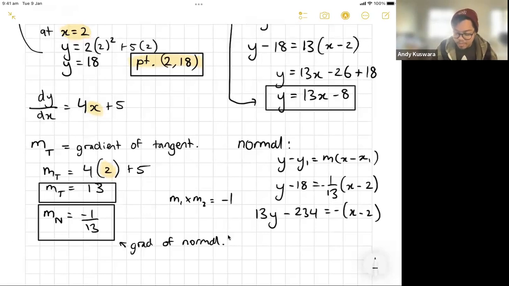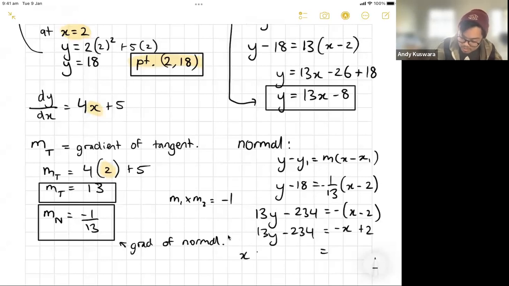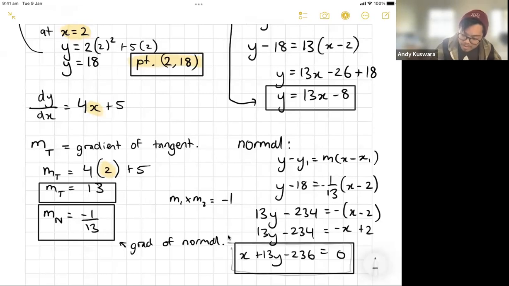So I just times everything through by 13, and then let's do minus x plus 2. So you can kind of see it's a little bit gross, but I'm going to push that all over. It's going to be x plus 13y, and then it's going to be minus 236 because I minus the 2 over to the other side as well, equals 0. And that there is the equation of my normal.